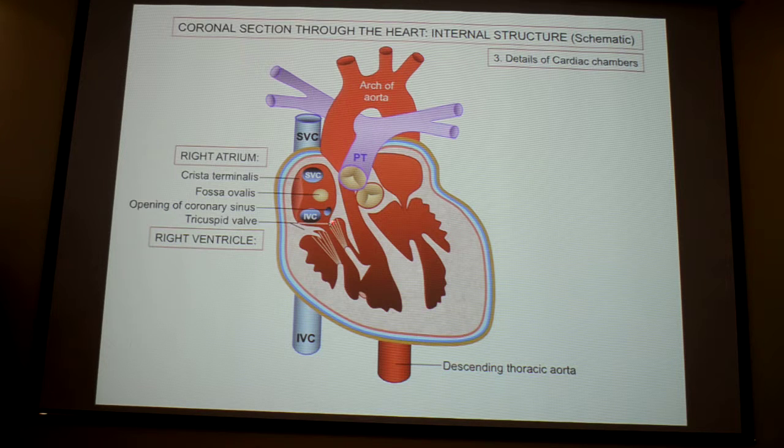When this is contracting, these flaps have to prevent the backflow of blood. With the push of the blood, they go up. Before they were hanging. But they are prevented; they can go up only to a level where it's closed. They cannot do like this. So it's allowing only one-way flow.